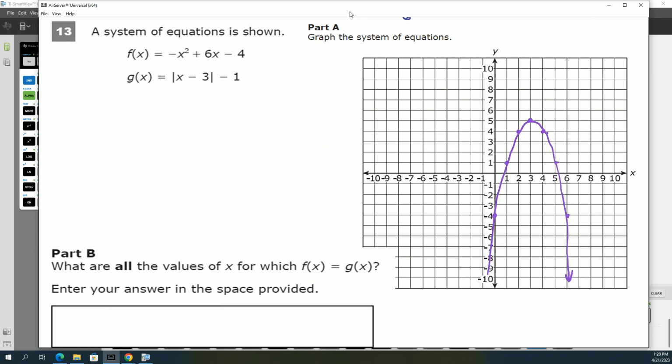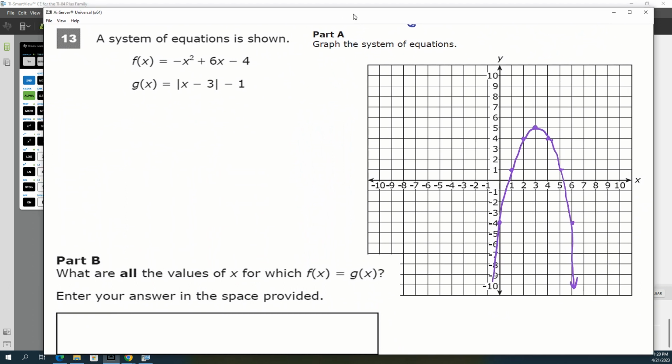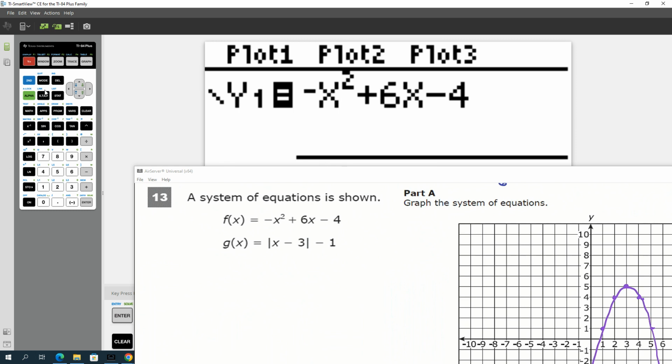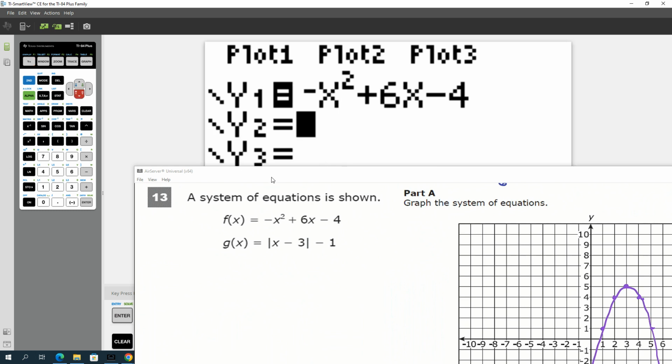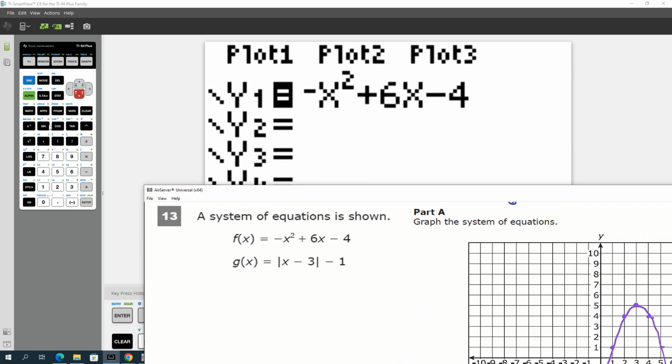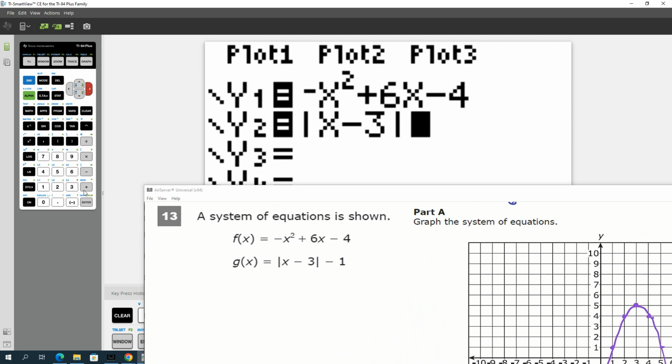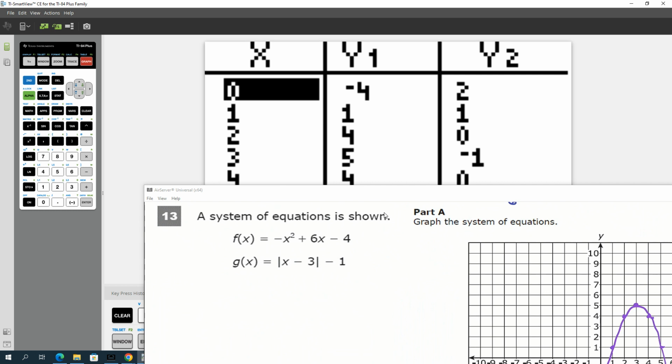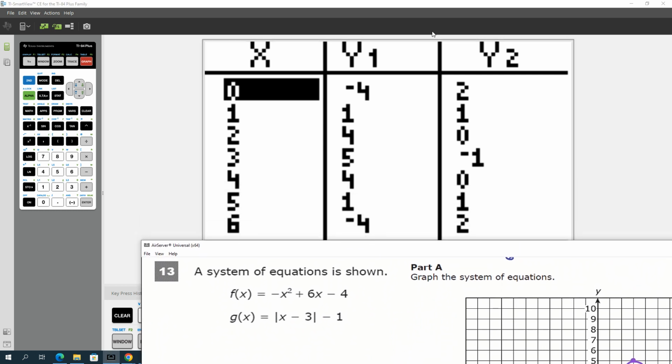Okay, and then the other one is going to be the absolute value graph. And so to get absolute value, we're going to do alpha window number 1. Okay, we have to be careful on this. So this is also set up pretty good for the absolute value graph. So we're just going to ignore this middle row or column.